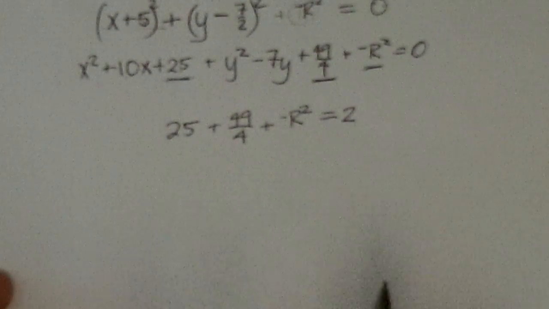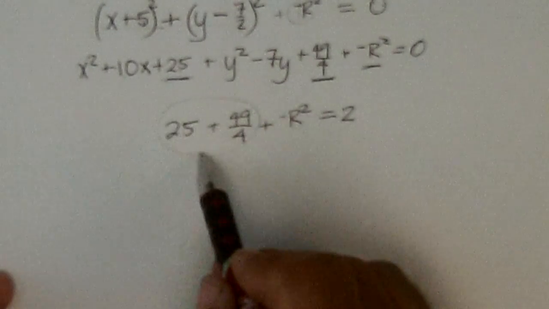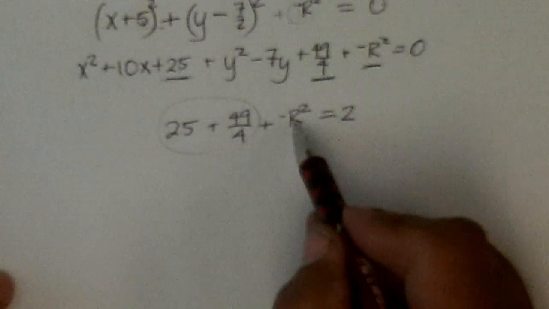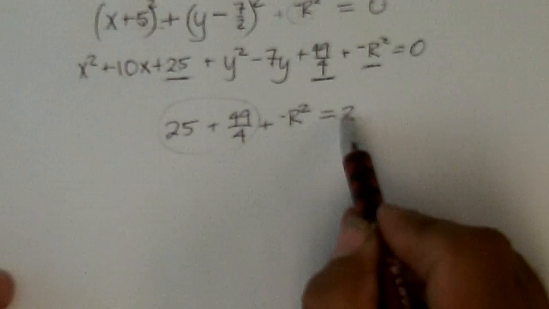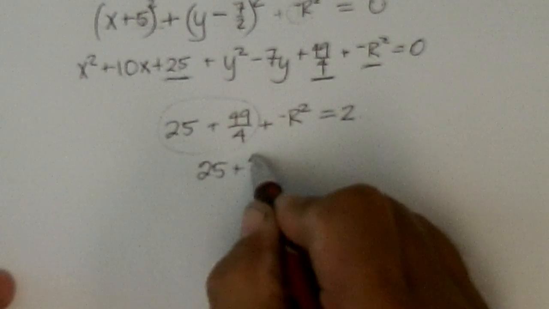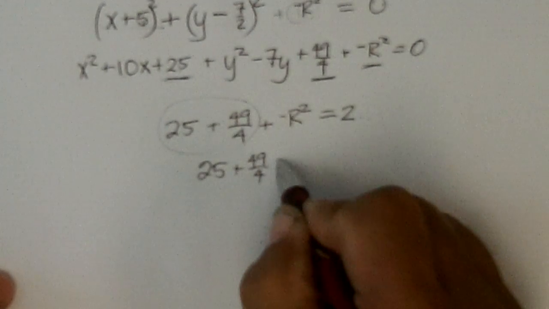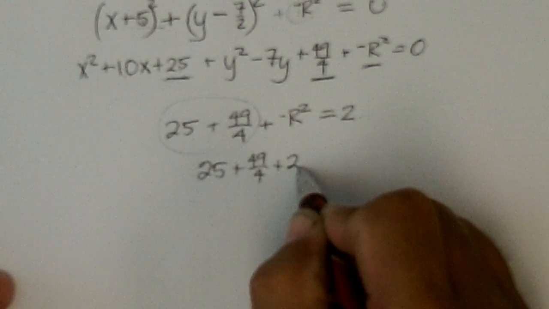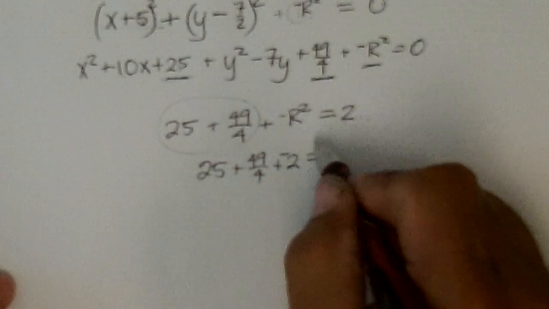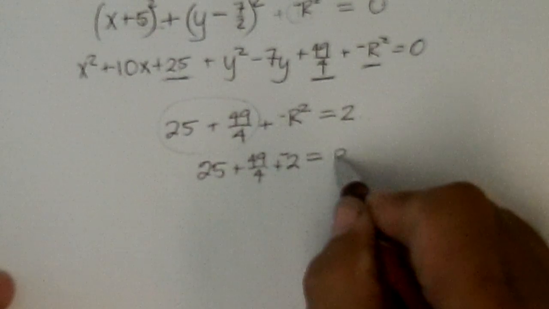So now let's take these over to this side so that we can solve for r squared. Actually, let's take the r squared over, make it positive, and bring the 2 over. So we'll have 25 plus 49/4 minus 2, subtract 2 from both sides, equals, and add r squared to both sides, r squared.